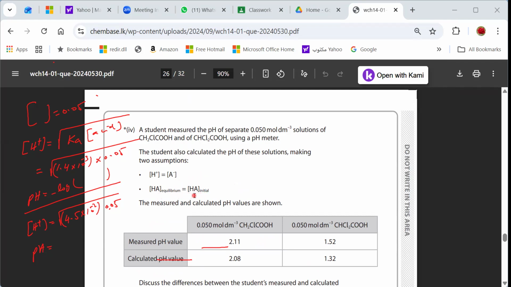The concentrations will not remain the same because the acid dissociated. So part of it is changed to the ions, the hydrogen ion and the negative ion. And this means that the initial concentration must be greater than the concentration of the acid at equilibrium, because part of it dissociated into H positive and A minus.